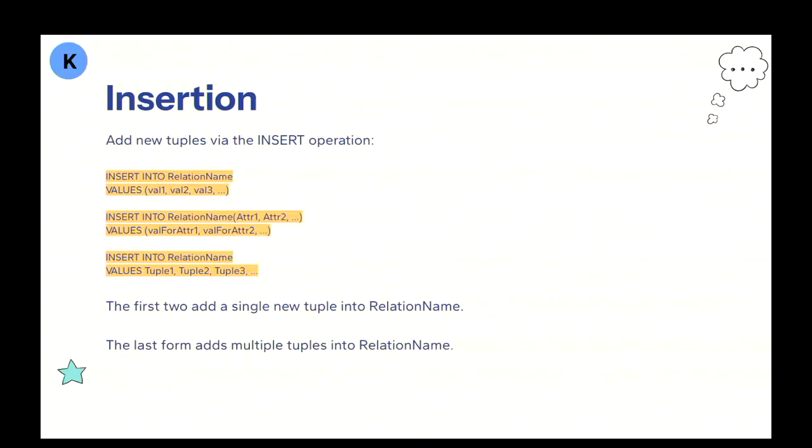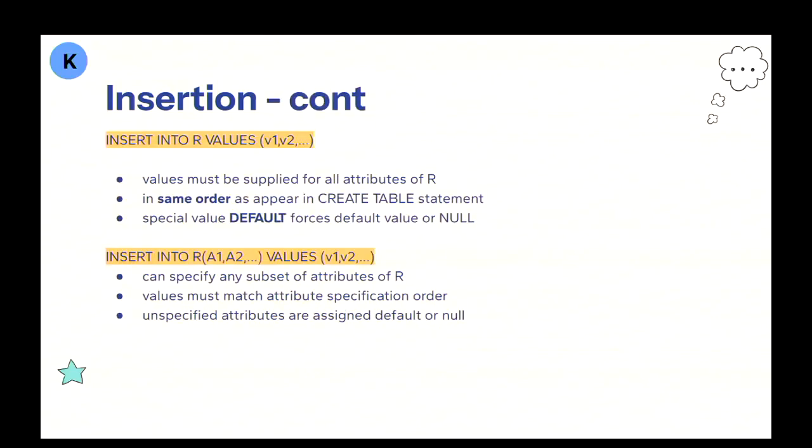The third one allows us to insert multiple values. The first two are used to add a single tuple into the table, and the last one is used to add multiple tuples at the same time. So let's cover them in detail.